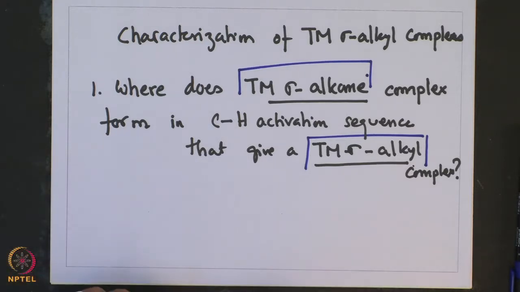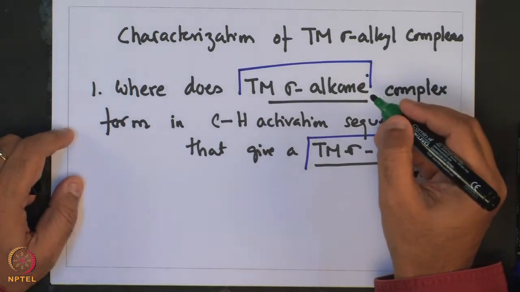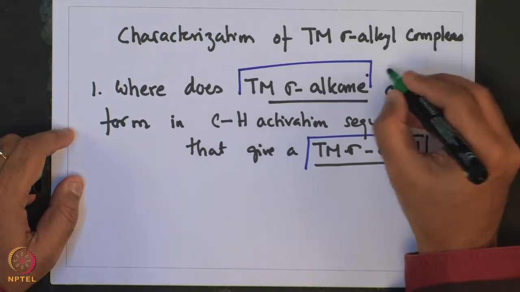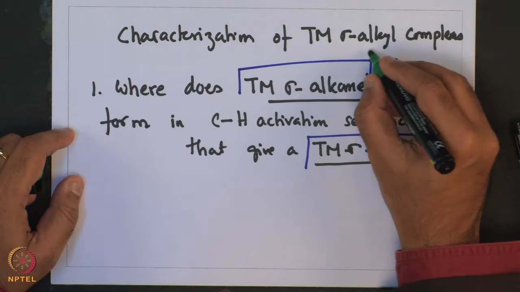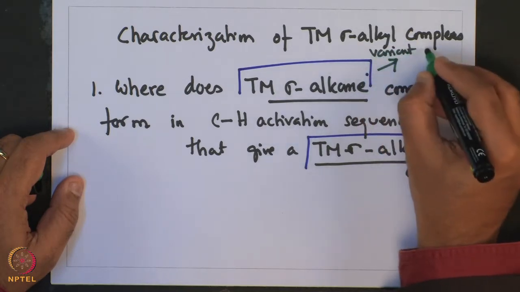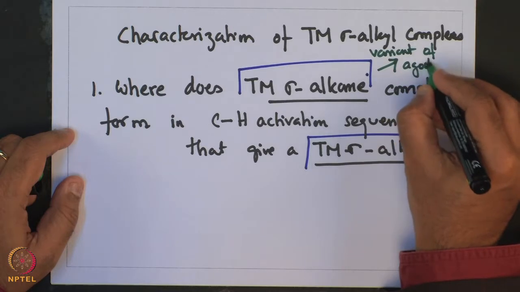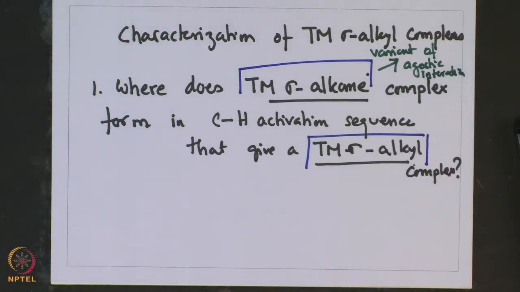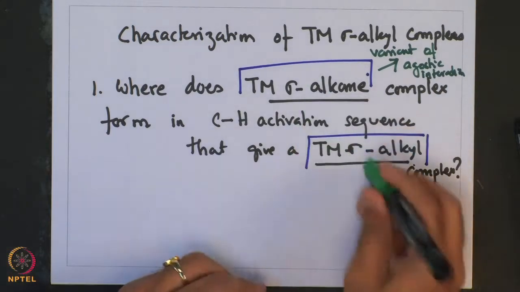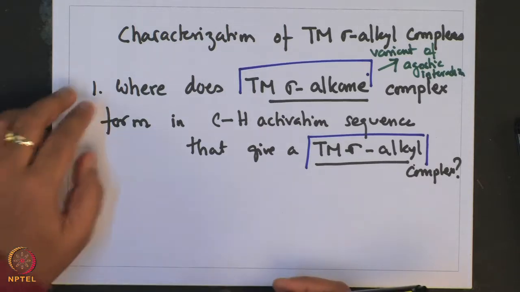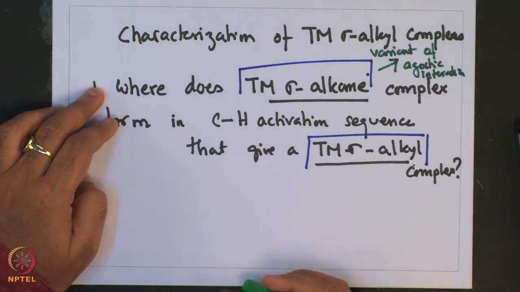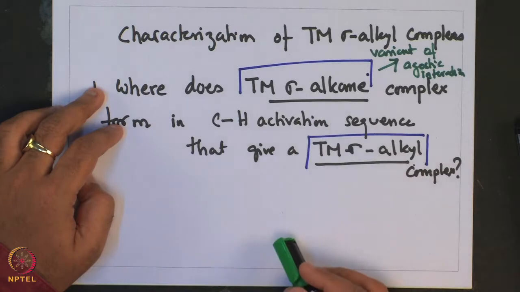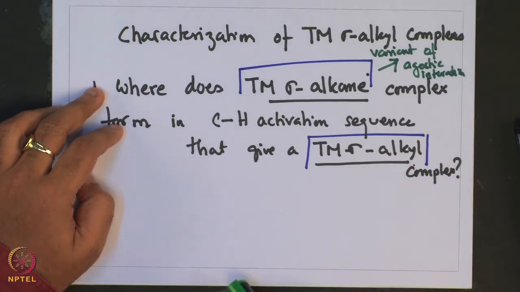So, the transition metal alkane complex is akin to, or maybe a variant of, the agostic type interaction that we had earlier encountered.